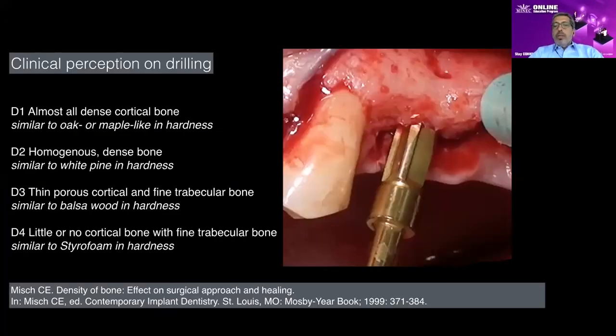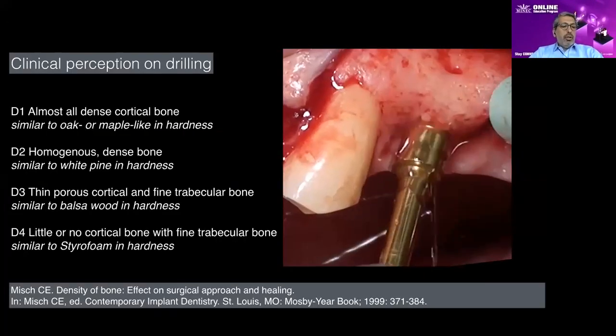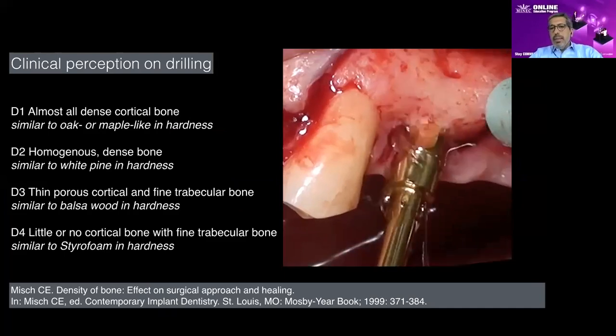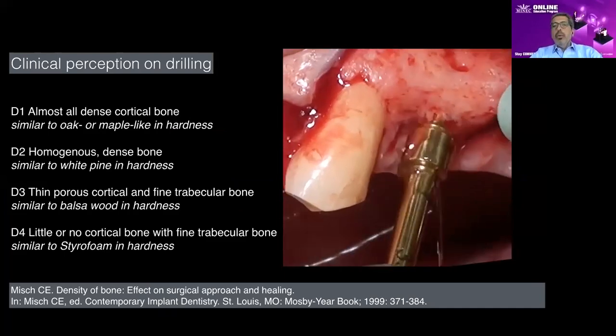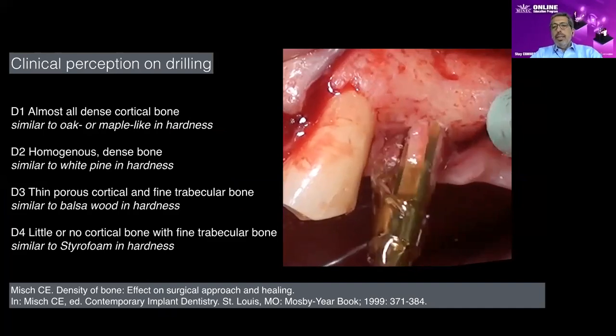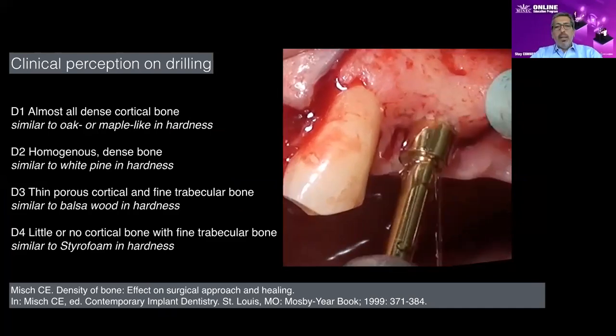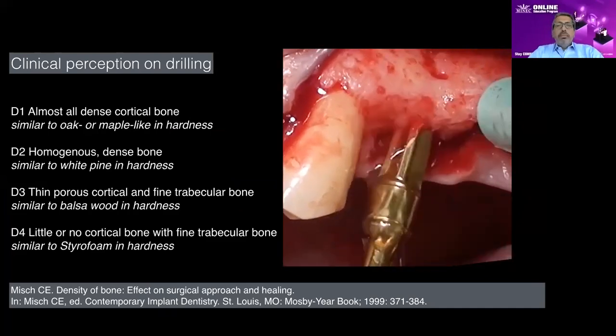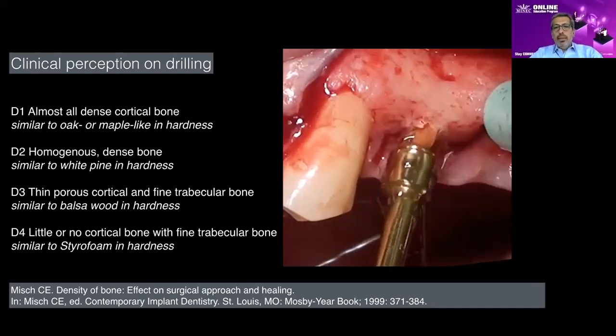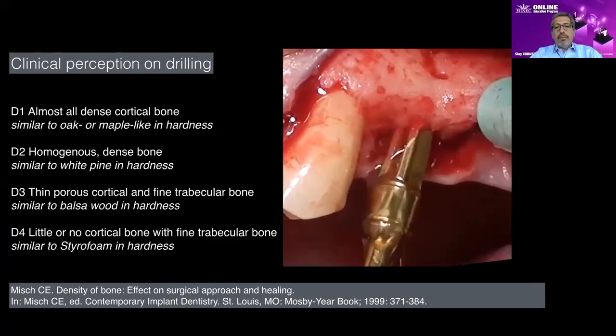But can we always do bone histologies? Of course not, because this is a process that we can only do for research purposes. But usually, how can we recognize bone while placing our implants? One of the easiest techniques is what we call clinical perception on drilling. It was described by Misch in 1999.